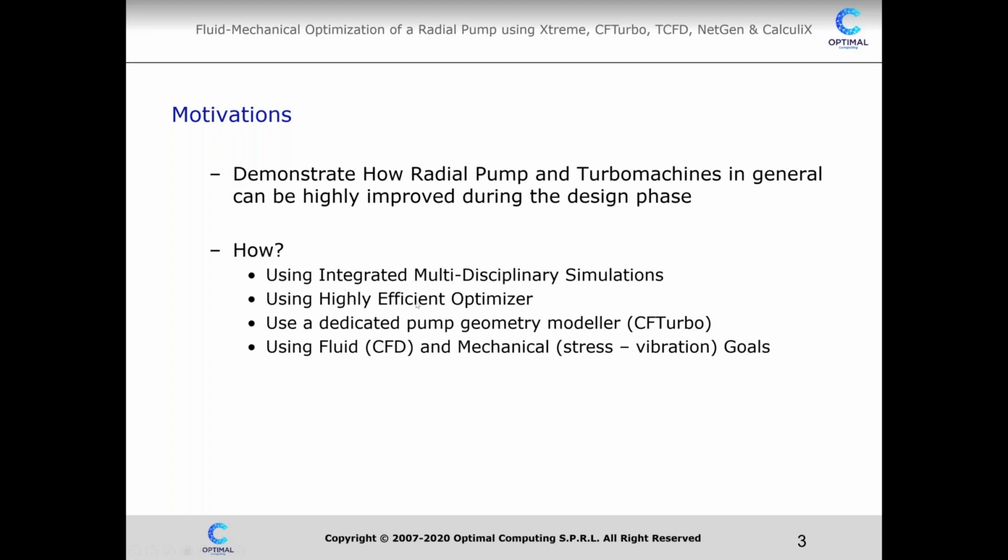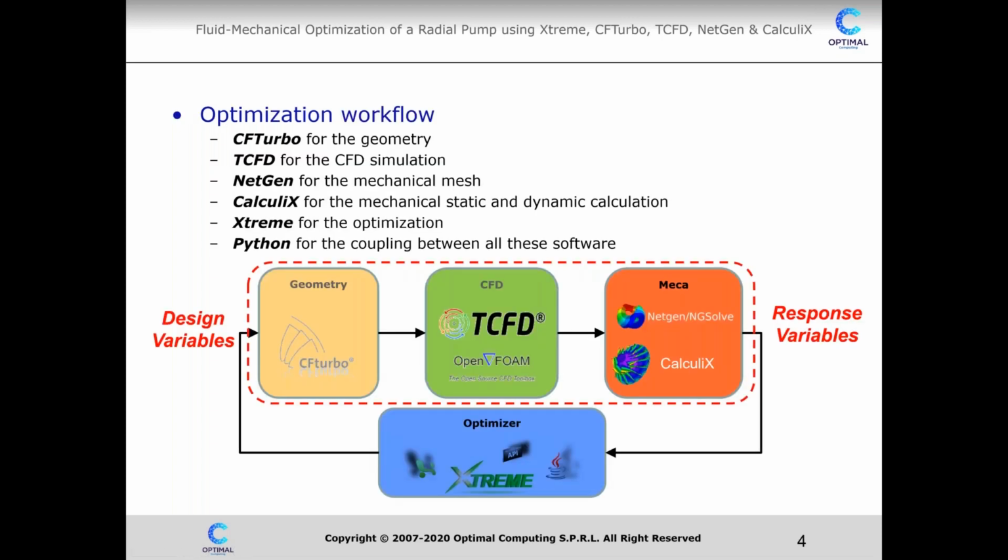And for that, we use our highly efficient optimizer. We used CFTurbo, TCFD, and all the software I already showed you in the previous presentation. So we have CFTurbo, TCFD, NetGen and Calculix for the mechanical parts, Xtreme for the optimization, and all those software are, let's say, coupled together using some Python scripting.